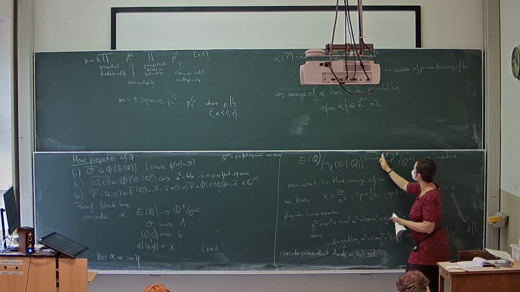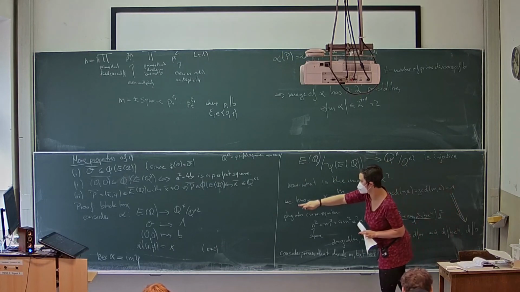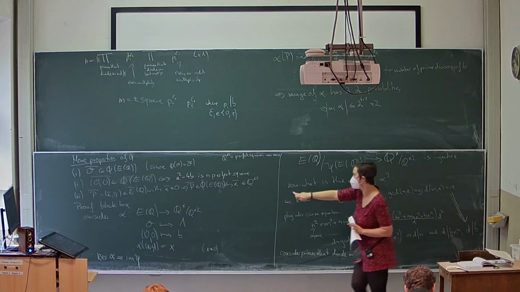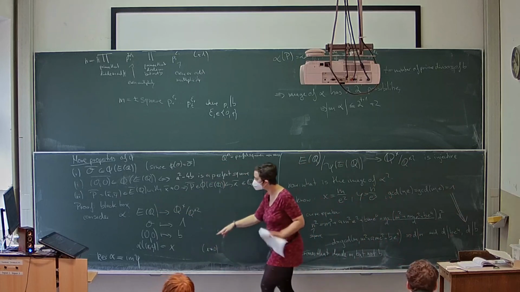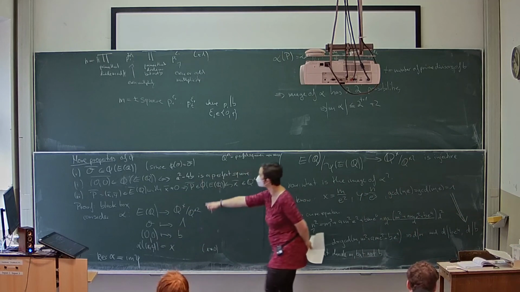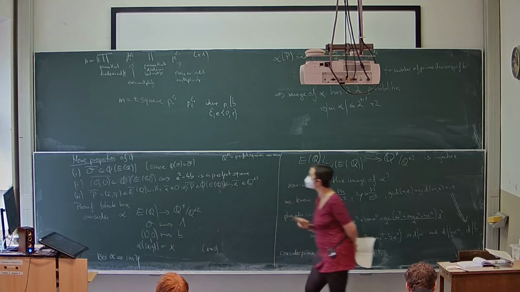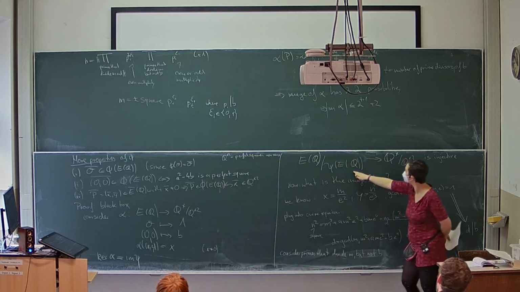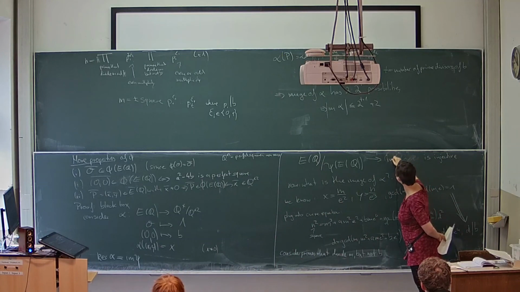So if instead of this here we put the image of alpha, which is from this remark also the image of phi or psi, then we have an isomorphism.